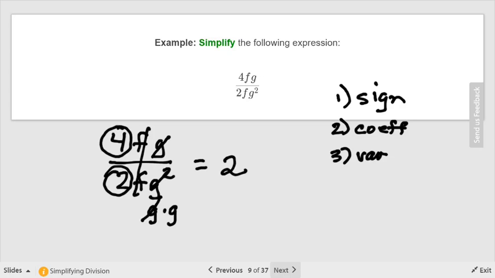It's not in the top, is it? Where is it? So it has to stay in the bottom. We can't suddenly just move things around, right? If there's a g left in the bottom, then that's where it has to stay. So my completed answer is 2 over g.